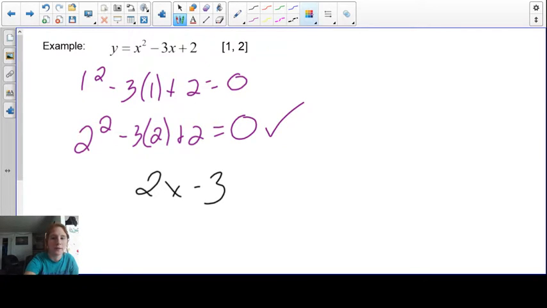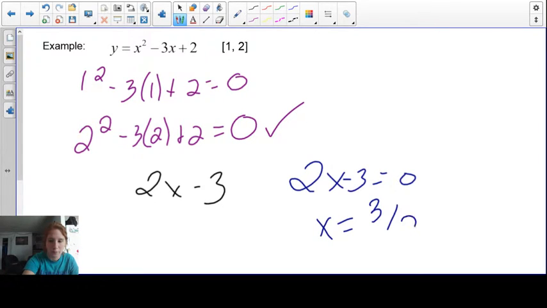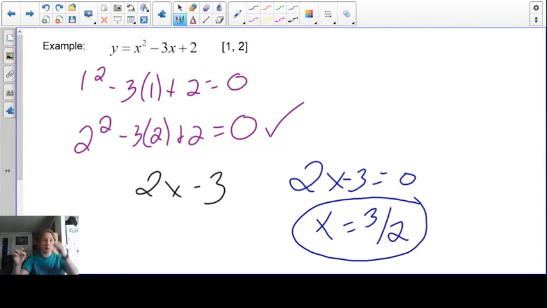I'm going to set that function equal to 0 and solve for that x value. So that x value is 3 halves, or 3 over 2. So at the point 1.5 or 3 halves, there's a maximum or a minimum going on.